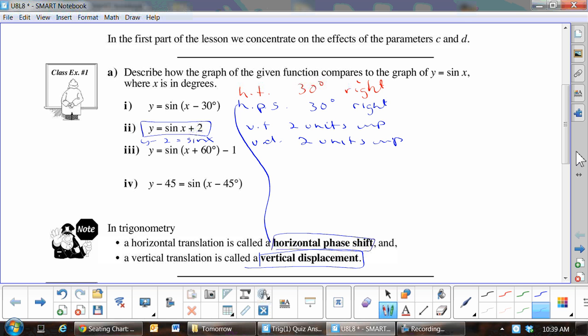Okay, that's all we're doing. You know what it means. We just want to use that language so it's consistent and you are familiar with it for the diploma. Because it's not a phase. A phase usually means in degrees or radians.